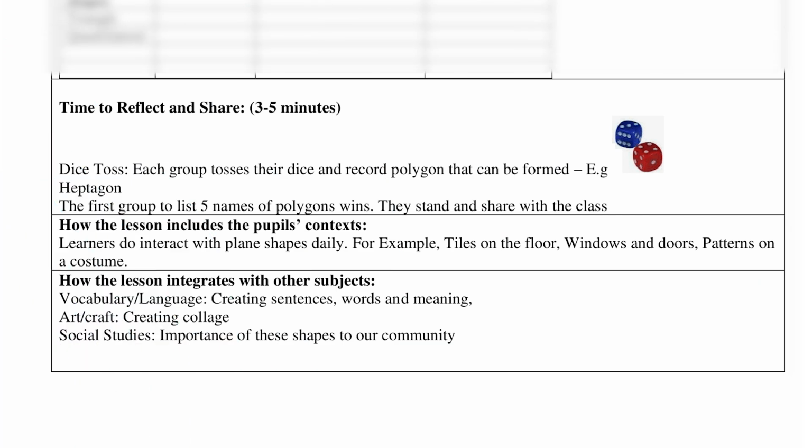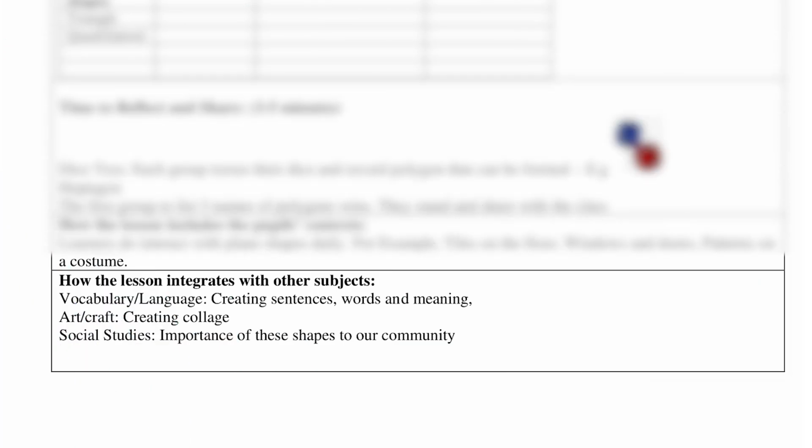How the lesson integrates with other subjects. This particular lesson brings out a lot of vocabulary that they can transfer to language. We also started with an anchor that we used during the language arts lesson, the literacy lesson, so they have their words and meaning, creating new sentences.